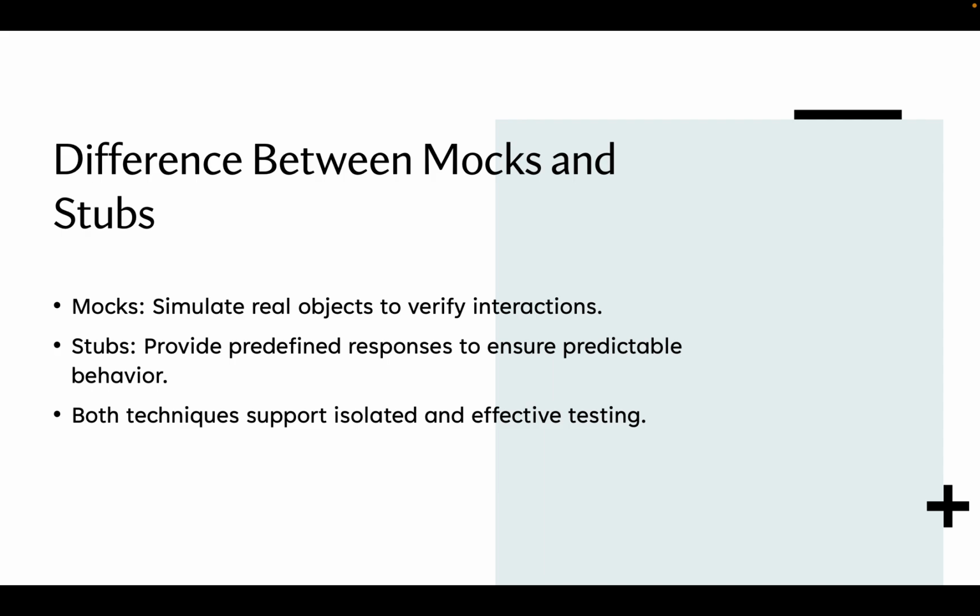So this slide, the difference between mocks and stubs. It's easy to confuse mocks and stubs, but they serve distinct purposes. Mocks focus on interactions. For example, does your function call the correct method on an object? And a stub provides consistent predefined responses and isolates the unit under test.